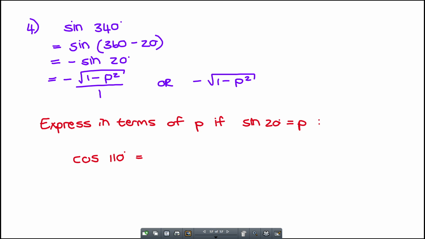Onthou, ek wil op die ou end 'n hoekie van 20 hê. Né? Gaan teken jou driehoekie vir my. Go draw your little triangle. That is actually p over 1. Onthou julle nog? En sin is mos oorstaande op skuins. Okay, so go draw your triangle.